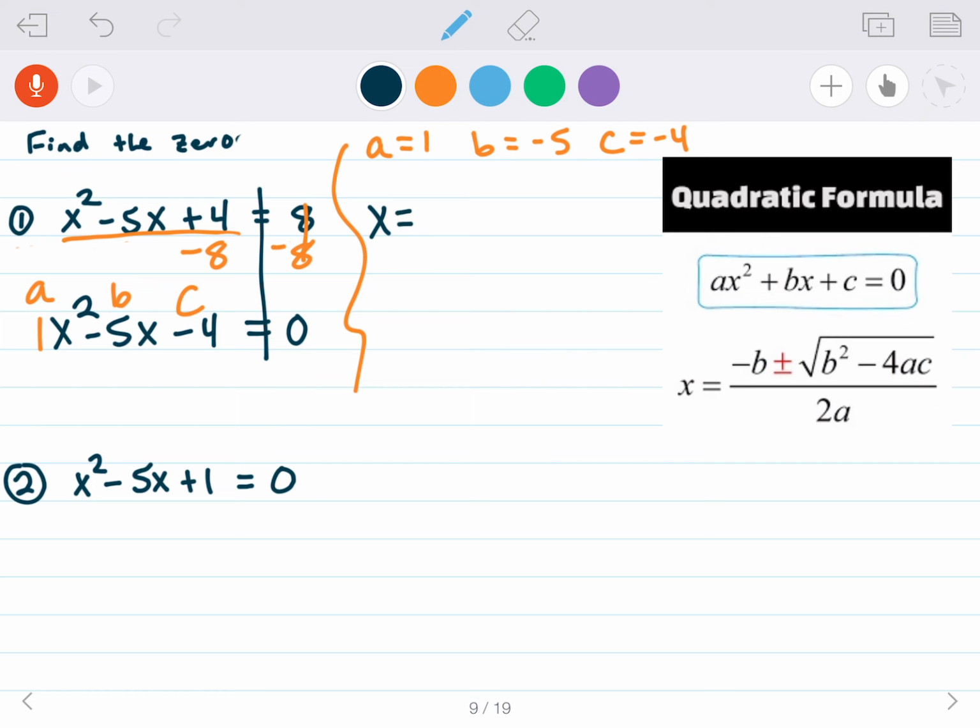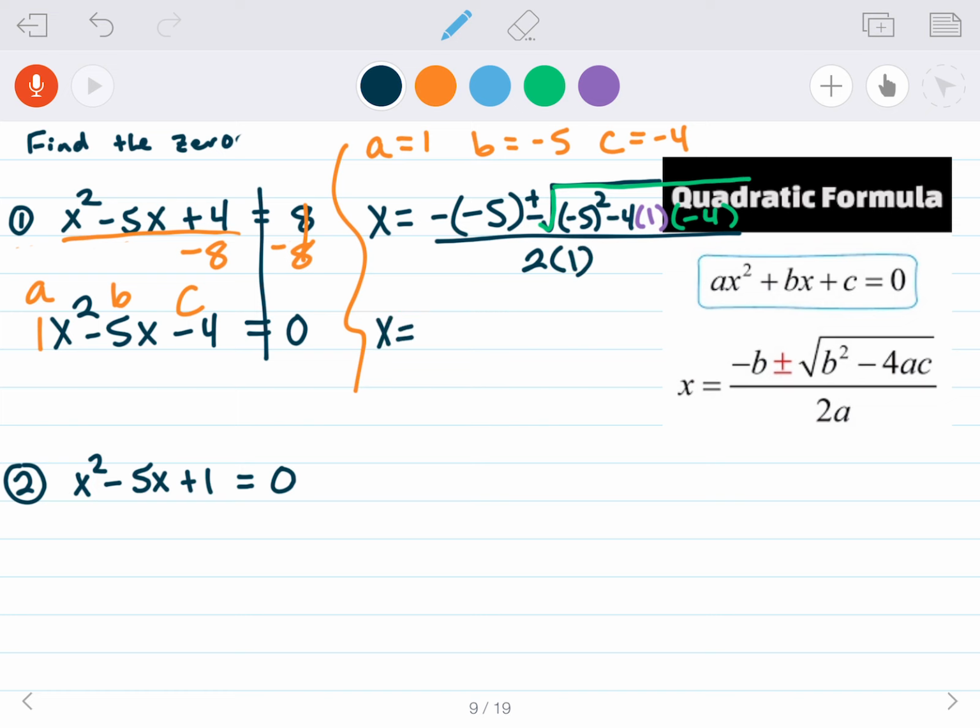So we get our zeros equal negative b, again the negative 5, plus or minus the square root of b, negative 5 squared, minus 4 times a times c. Just doing this in green so I don't run out of room. And then this is all going to be over 2 times a, so 2 times 1.